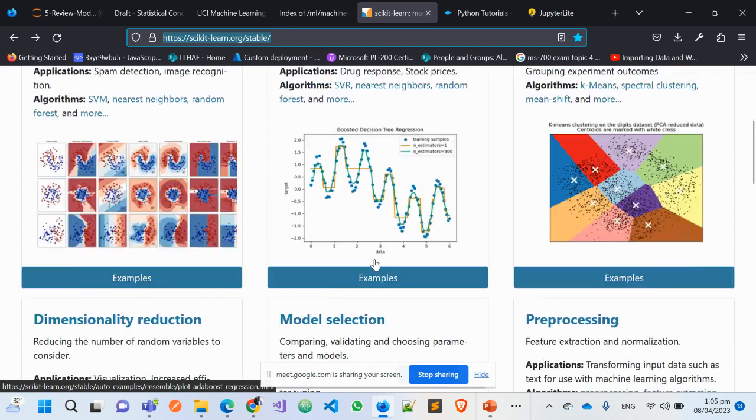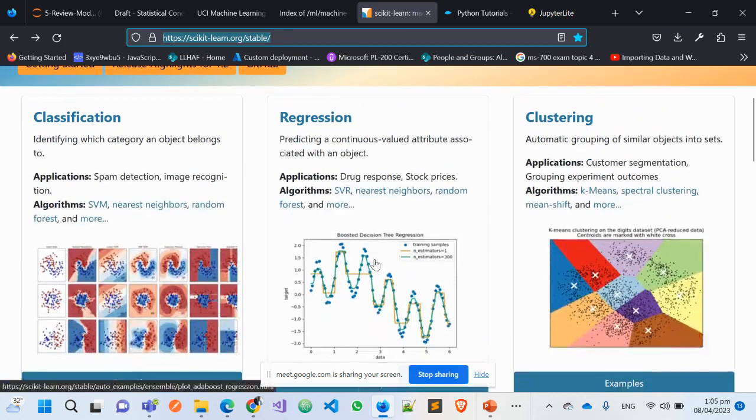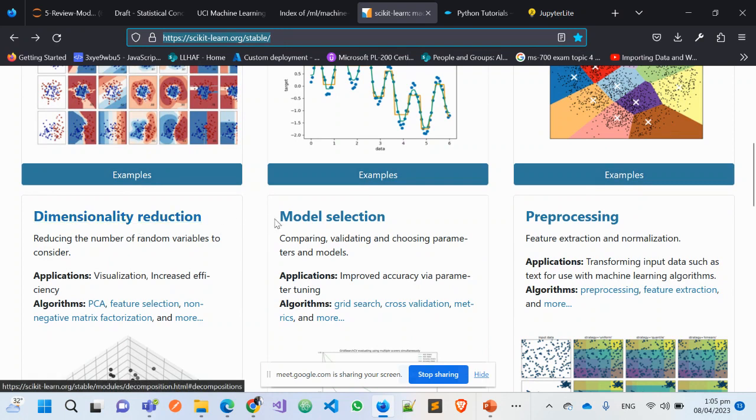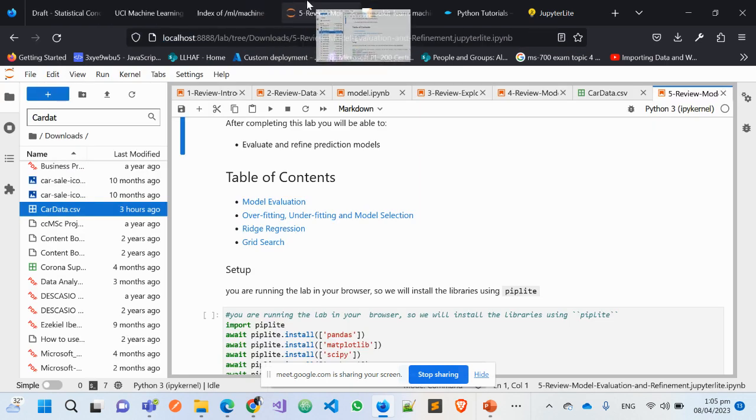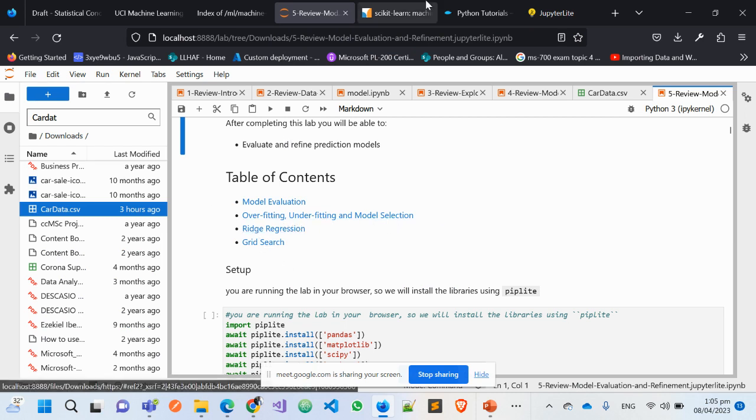Here we have the different methods: classification, regression, clustering, dimension reduction, and model selection. So you can see from module 5, the fitting and model selection.